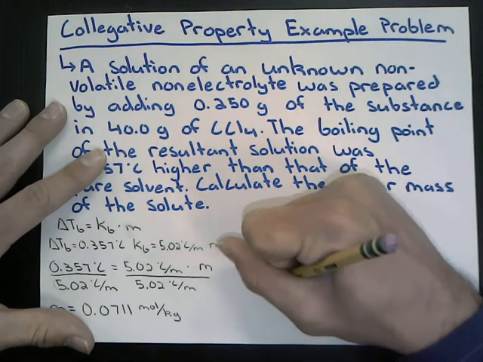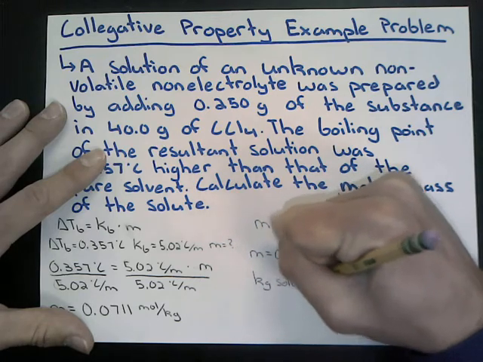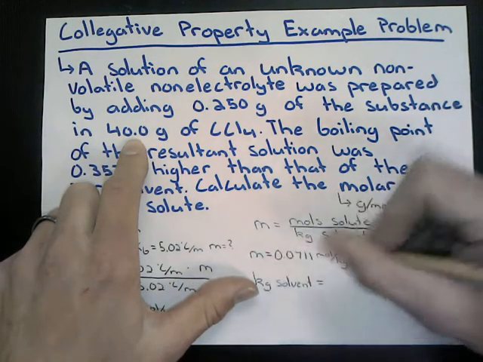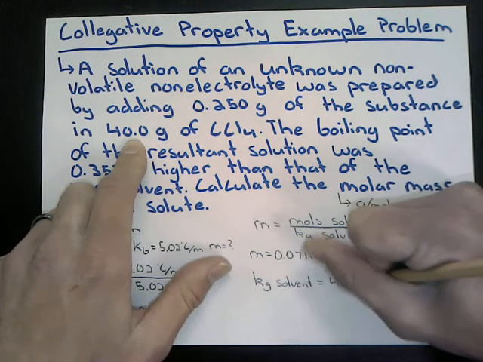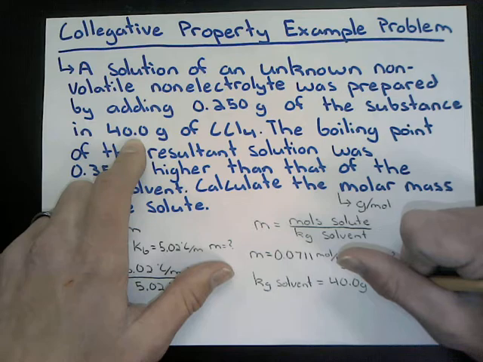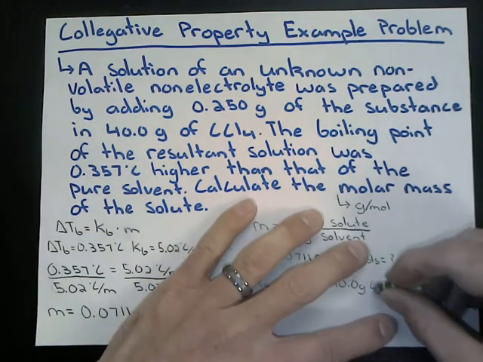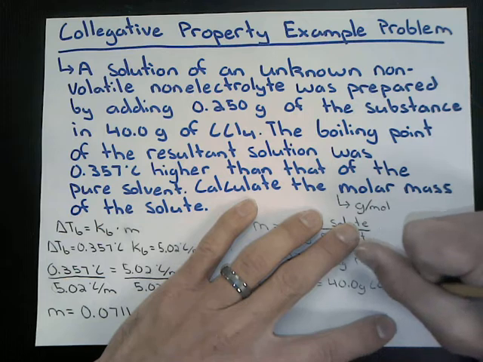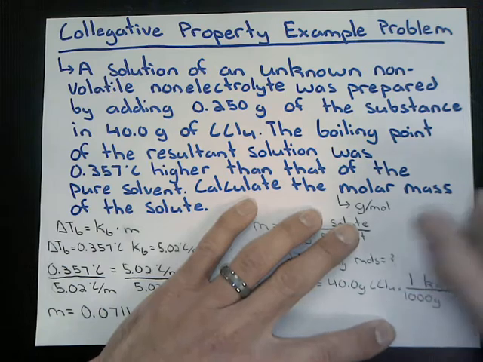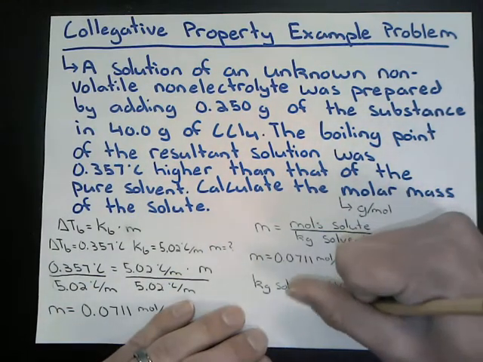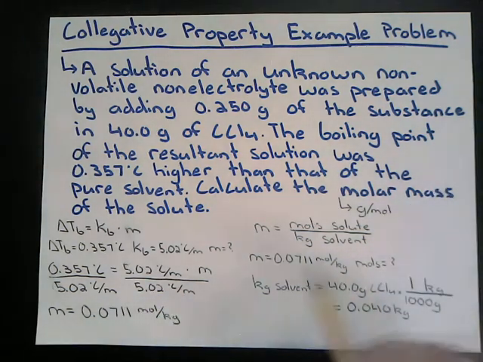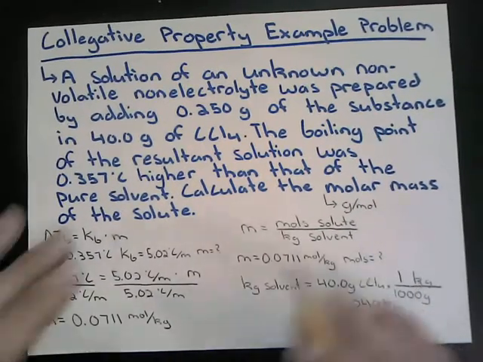Remember I told you carbon tetrachloride is our solvent. We are given 40 grams of carbon tetrachloride, and we need to get it into kilograms. So all we need to do is divide by 1,000, for every 1 kilogram. If we do that, that gets us a value of 0.040 kilograms.